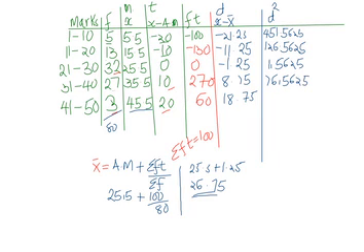Let us work out 18.75 squared, and this will give us 351.5625.